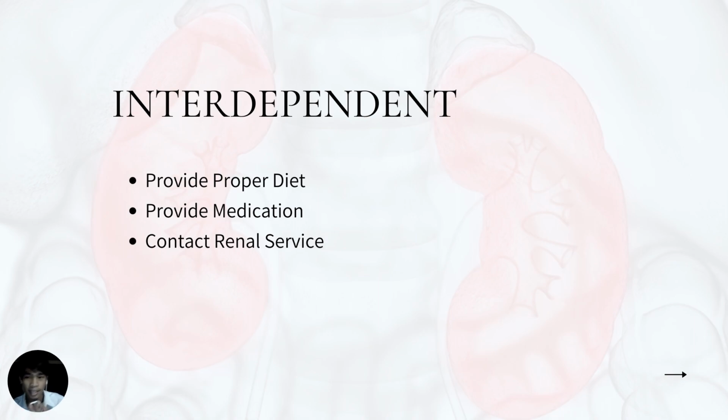And if our client does not respond to steroids, or steroids are contraindicated for them, we can give immunosuppressants as their medication. I will discuss it more later. Next is to contact the renal service. So let's proceed to the next slide.